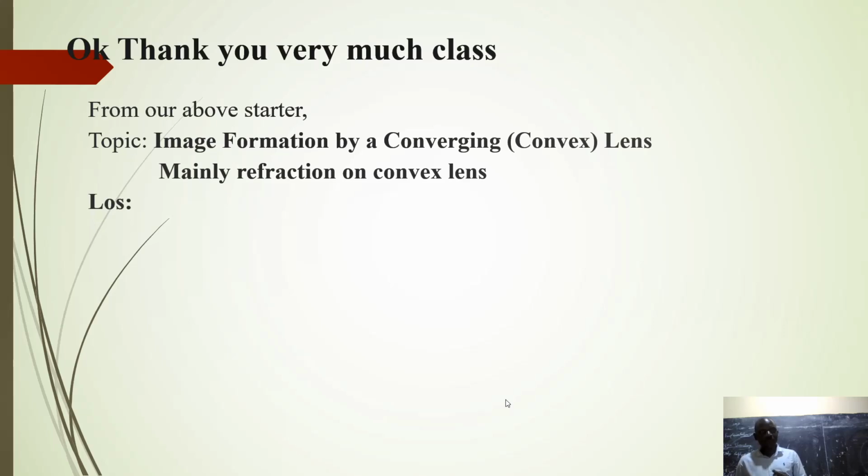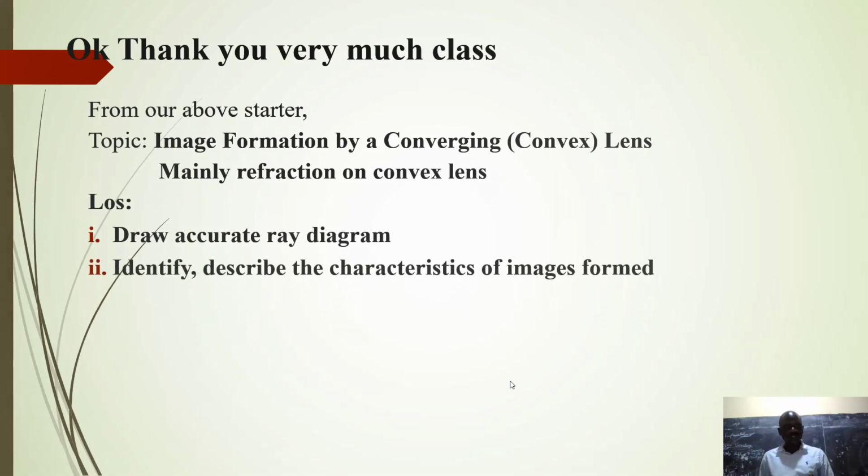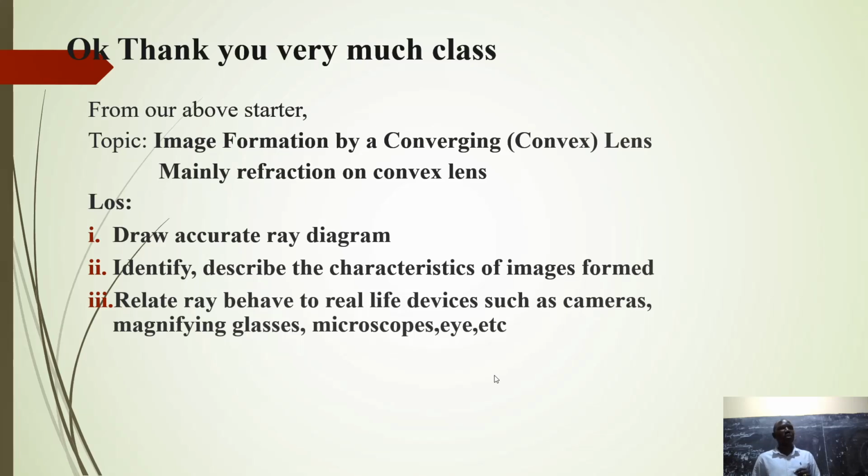Now, our learning outcomes: we mainly have three in this lesson. By the end of this lesson, we shall be able to, one, draw accurate ray diagrams. Two, identify and describe the characteristics of the images formed by the convex lens.